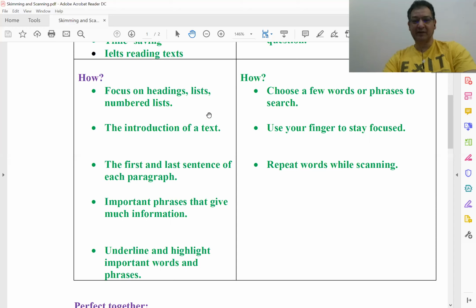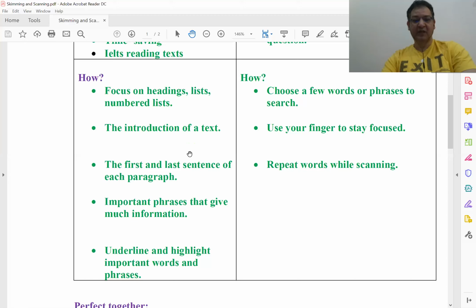Because, as I told you before, skimming means getting the main ideas and the overall general idea of the text. So you can read the title, the headings, subheadings, numbered lists. Also, if you are reading a passage in IELTS, you can read the introduction of a text because the introduction includes the main idea of the text.